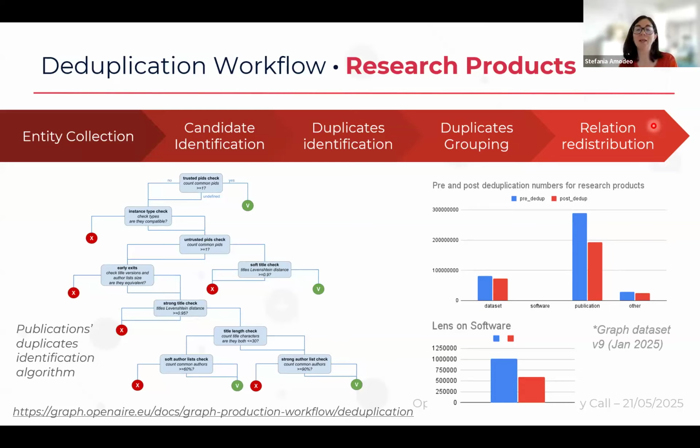So if, for example, a relation between a publication and a software was established for one record, maybe with the preprint, but we now have the published version, and the published version is the representative record for that publication, the relation with the software will be redistributed, transferred to the representative record.